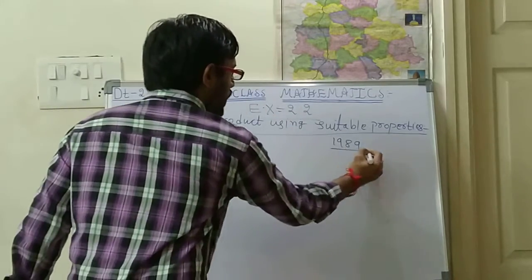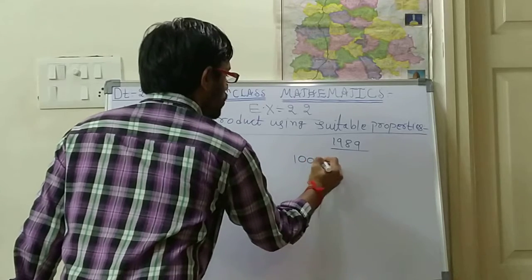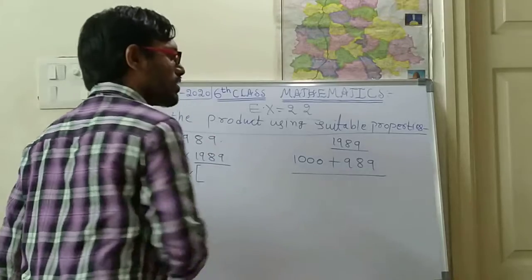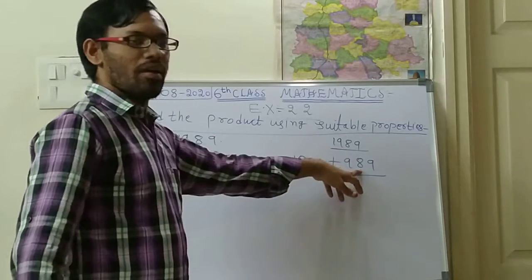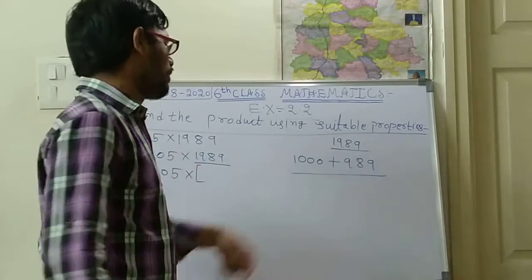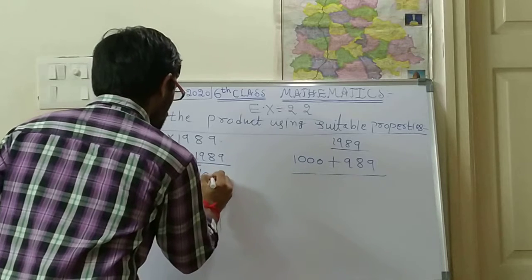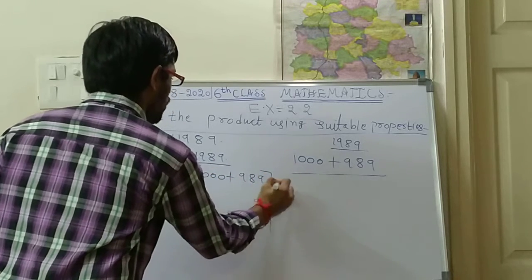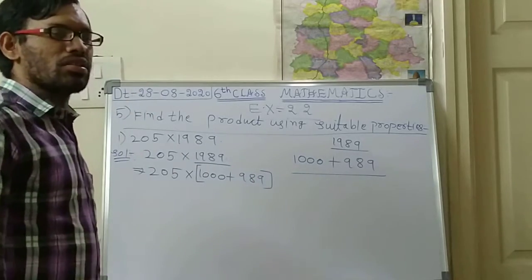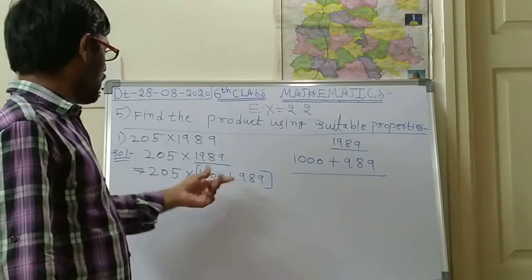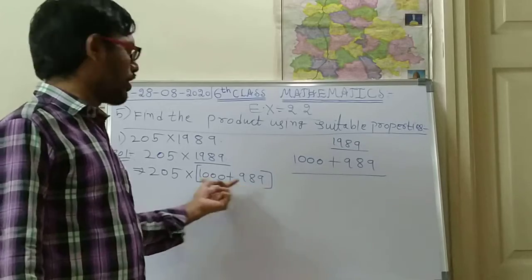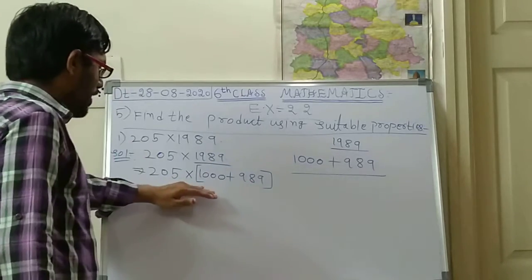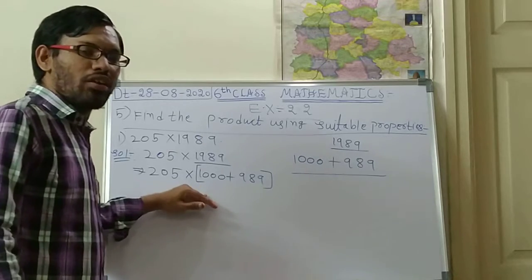In 1989 there is 1000, is it right? So 1000 plus 989. Can I write like this? So I am writing 205 into 1000 plus 989.